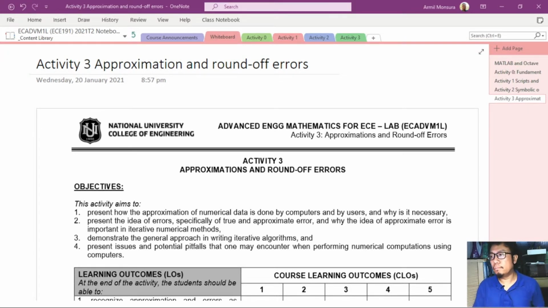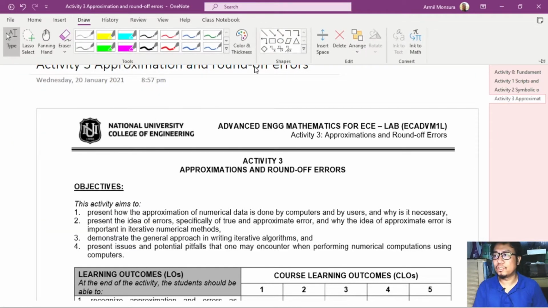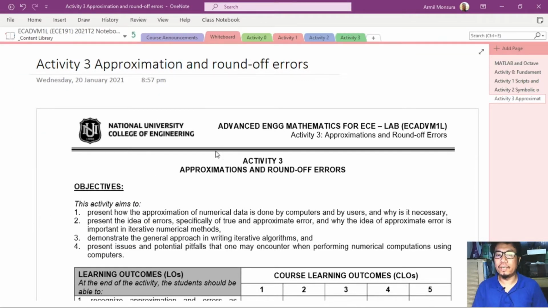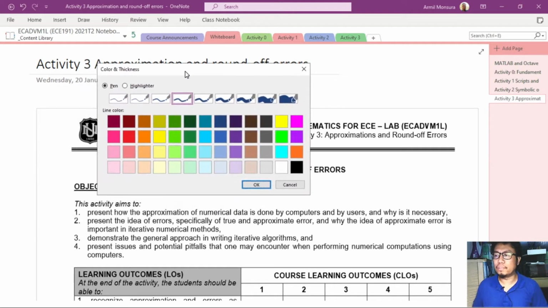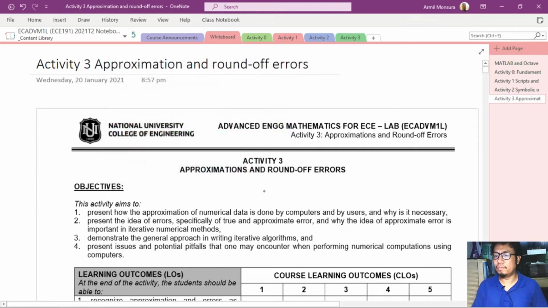One thing that you have to remember is that while some of the discussions here may give the impression that approximation is bad for computations or for everything.